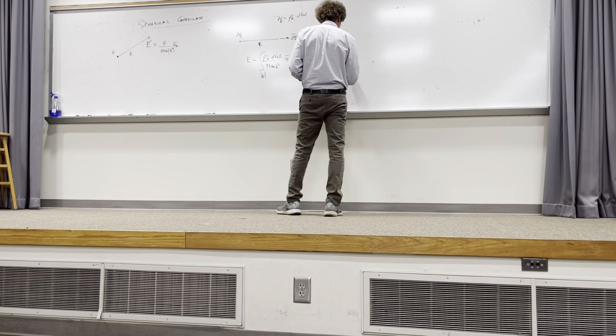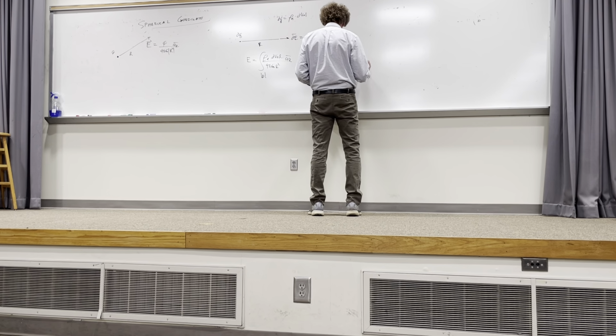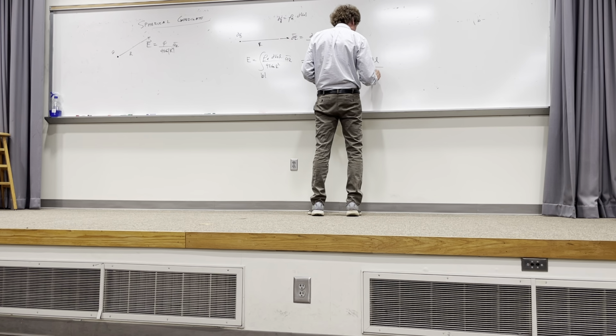And finally, if it was a line charge density, it would be rho L, the line charge density, times dl, over 4 pi epsilon naught r squared, in the aR direction.